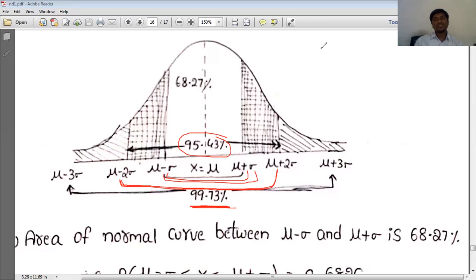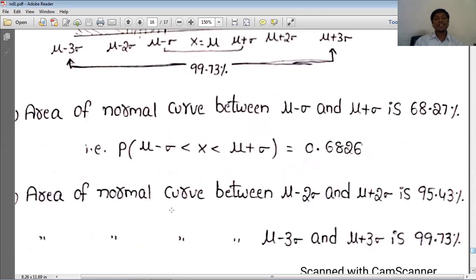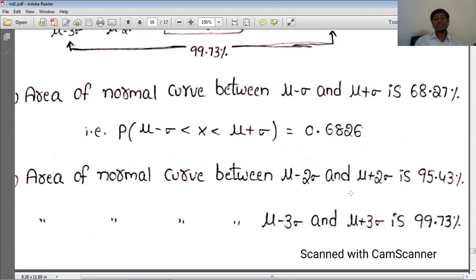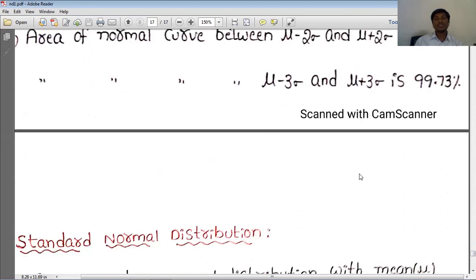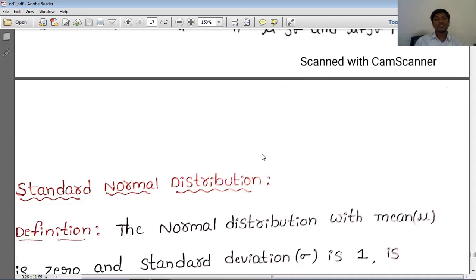So these are the values. Therefore, the area of a normal curve between mu minus sigma and mu plus sigma is 68.27%, between mu minus 2 sigma and mu plus 2 sigma is 95.43%, and between mu minus 3 sigma and mu plus 3 sigma is 99.73%.